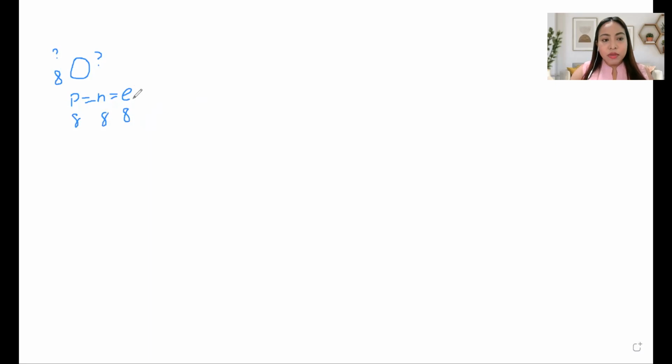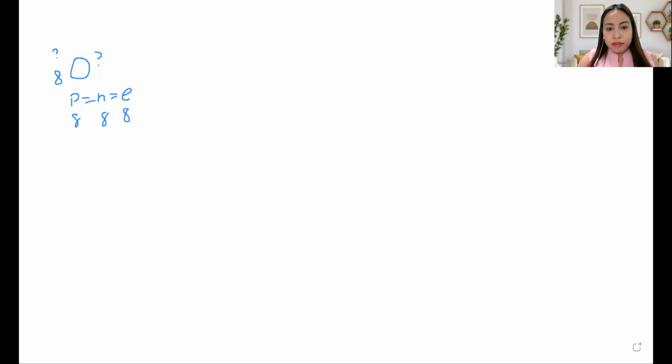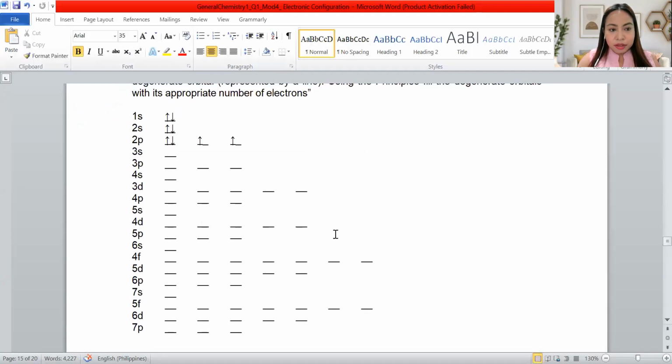Since we have 8 electrons, it means we have 8 electrons to assign. We use the quantum numbers to have the electronic configuration. So in the electronic configuration, we have the following arrangement.